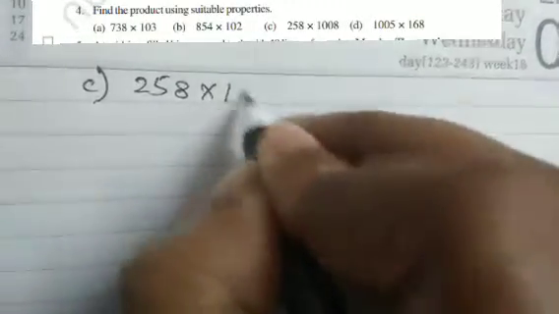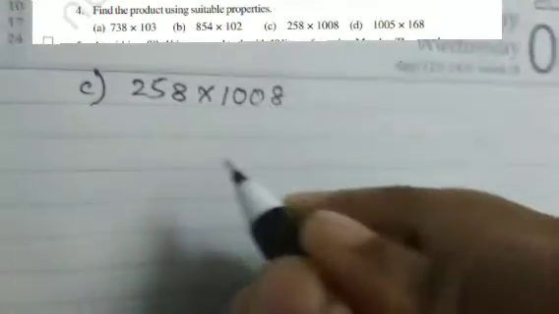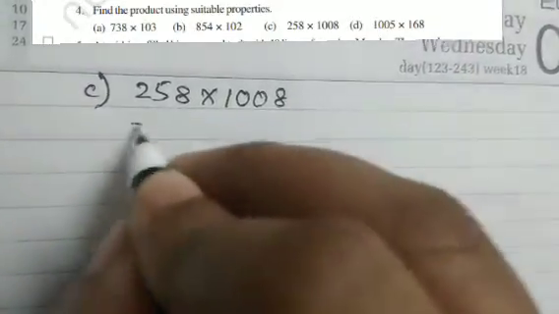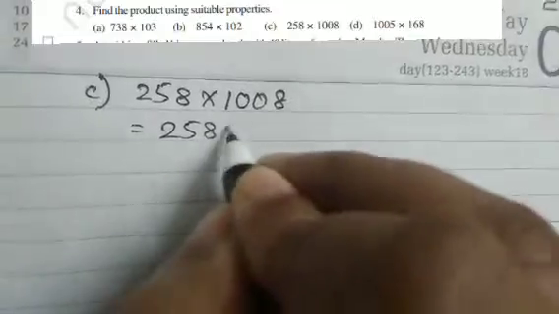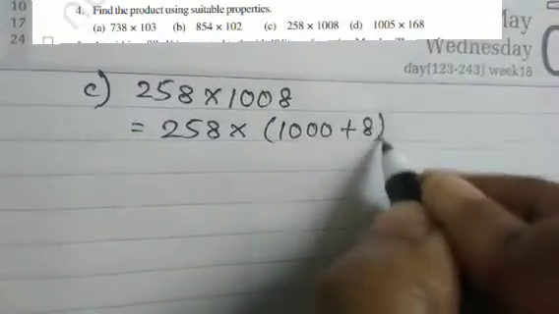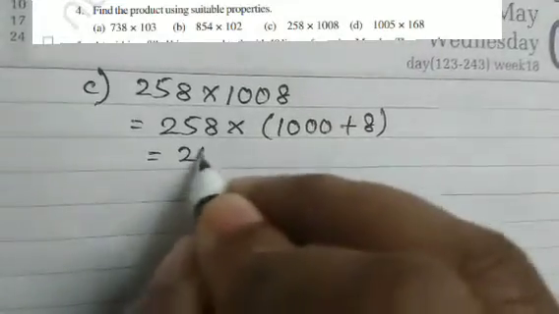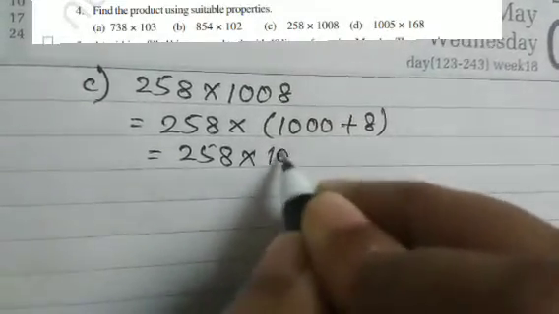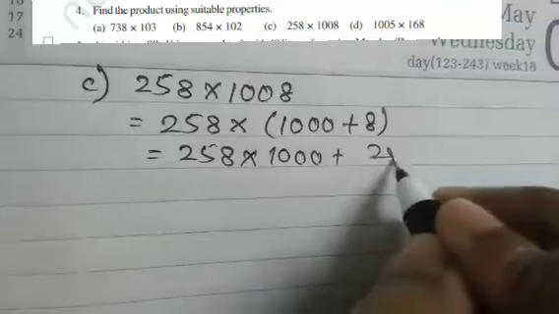Now see, 258 into 1008. It would have been a very huge calculation. So what will I do? Into 1000 plus 8. Be very careful about the zeros.